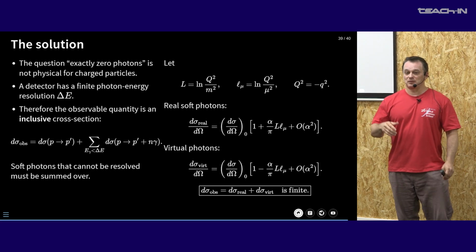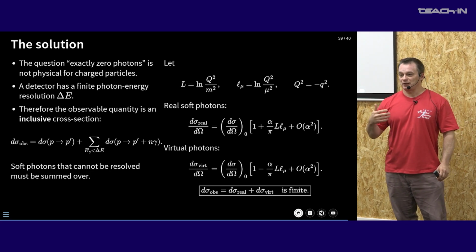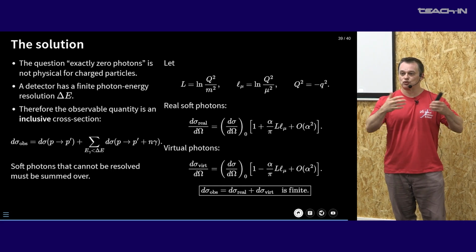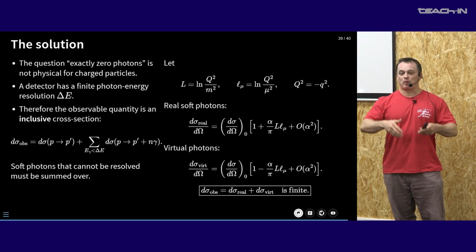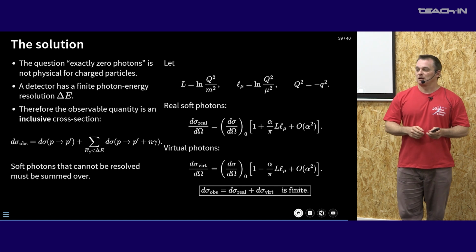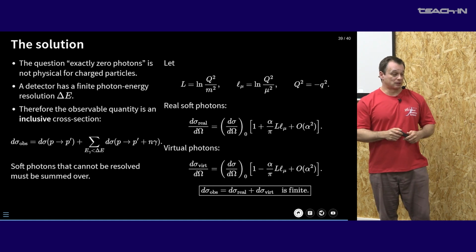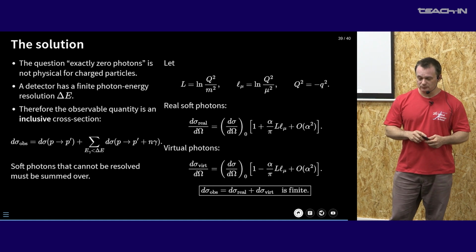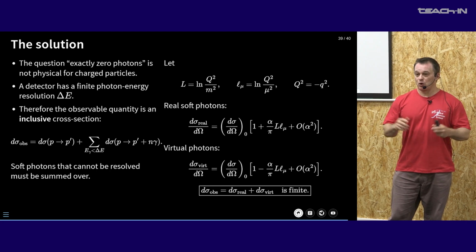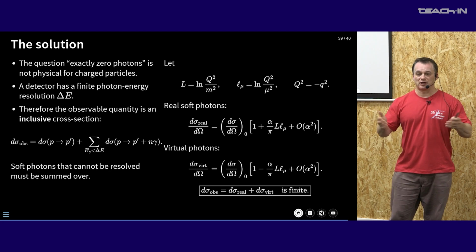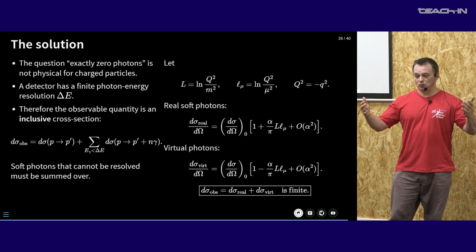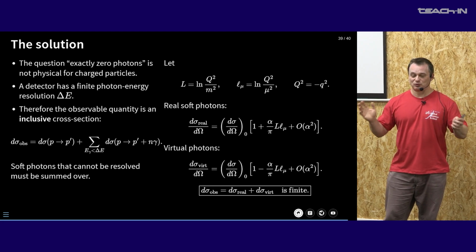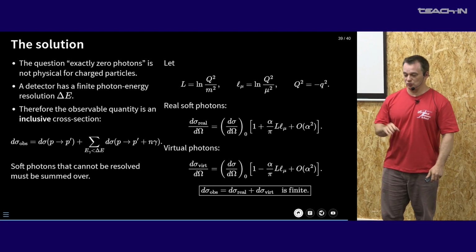And then in this game enters a world with these virtual particles, which pop up from a vacuum, and they also look like they have zero energies because they do not modify the final energies of a particle. So when you sum all this together, you get a finite cross-section, so no divergency.